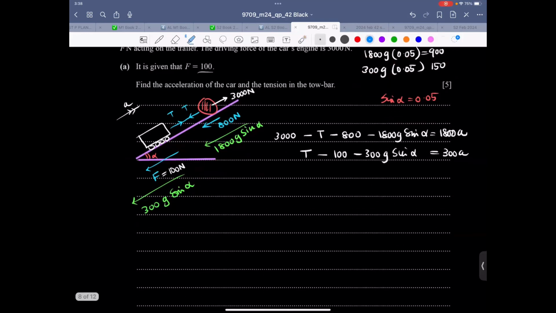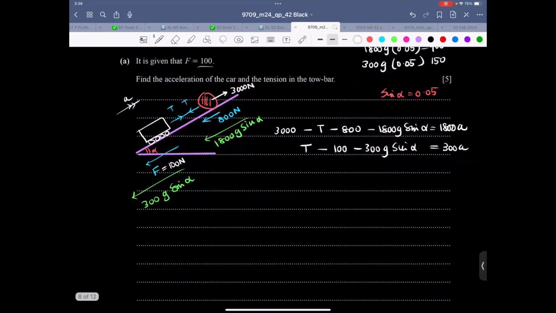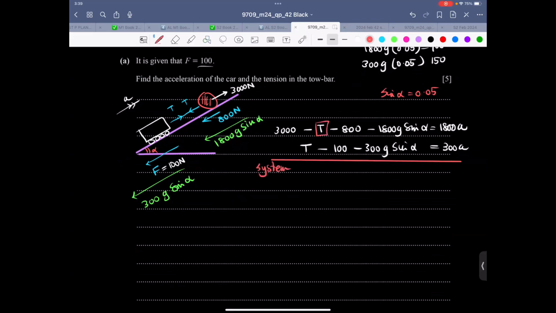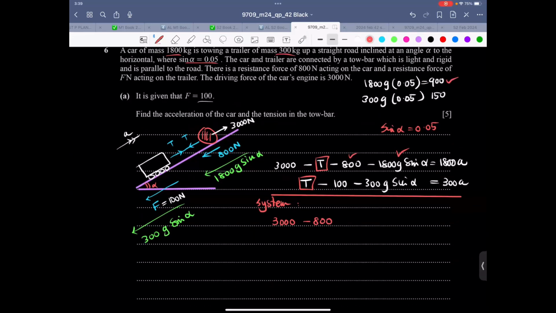So now let me add up the two equations. So let me draw a straight line like this. So now I'm talking about the equation of the system. The tension will cancel out. So now we have 3000 minus 800 minus 1800 G sine alpha, which is 900, minus this 100, minus 300 G sine alpha, which is 150.